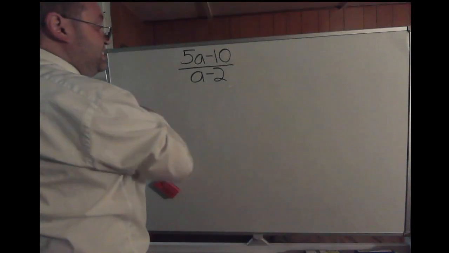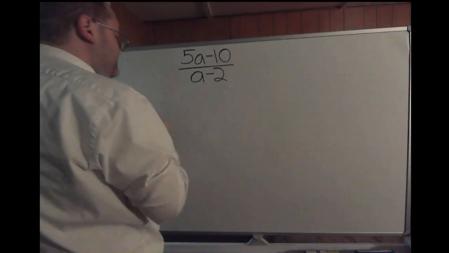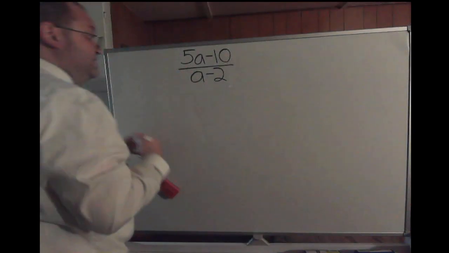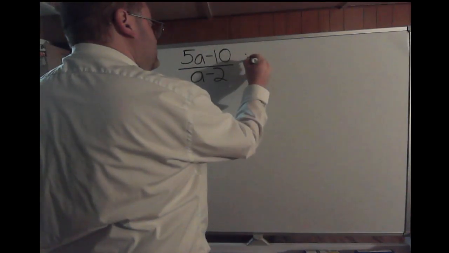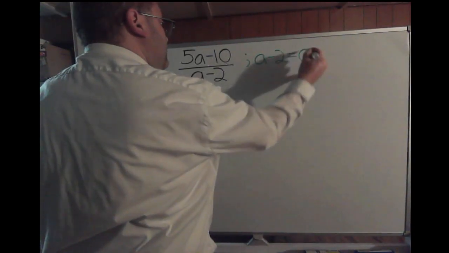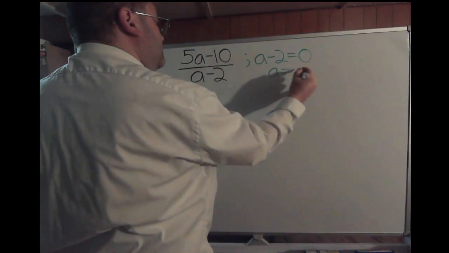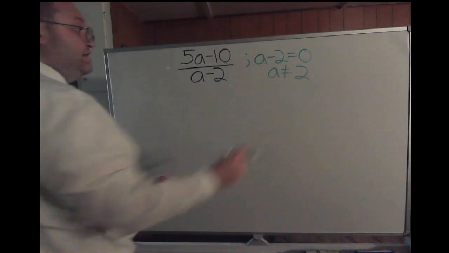So you take your denominator of a minus 2, and set that equal to 0. Well, a would equal 2. So really a cannot equal 2. That's your restriction.